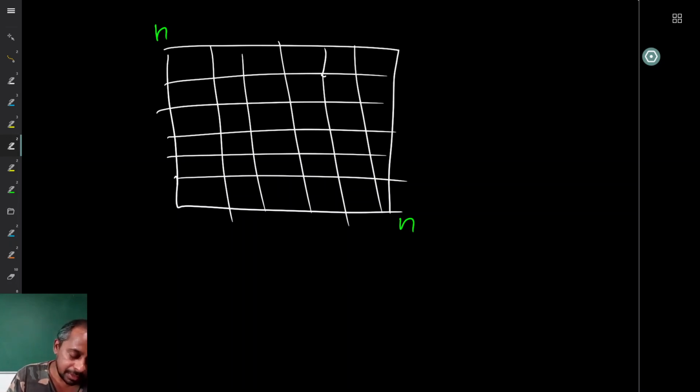This is the position, going 1, 2, etc. up to n, and 1, 2, etc. up to n. This is where I am going to plot xi's, and this is where I am going to plot yi's.